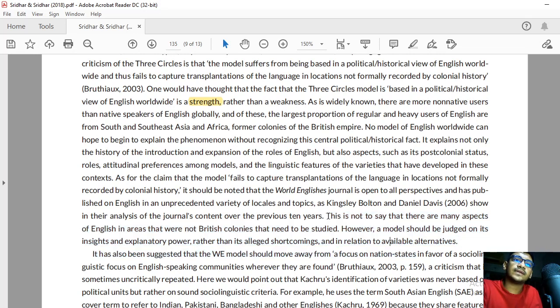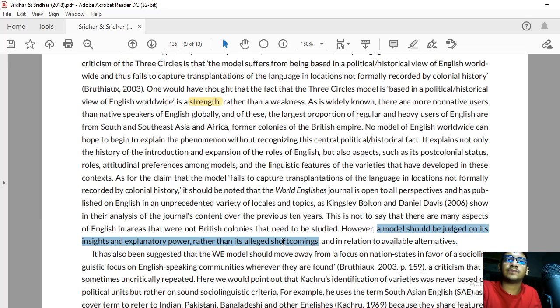So they are defending Kachru's three circles model by saying that yes, it's not perfect, it didn't represent everything. However, it's quite good, or even the best when compared with other available alternatives. So this is one point, and another point is that they look positively at Kachru's model. Here they say a model should be judged on its insights and explanatory power rather than its alleged shortcomings.